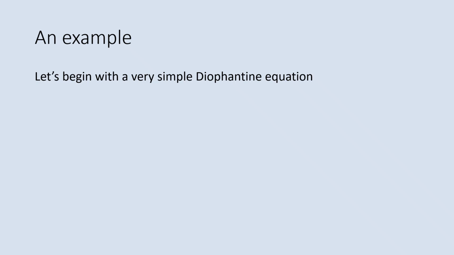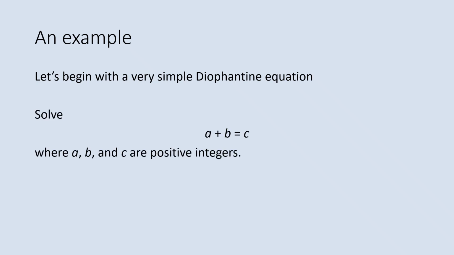All right, so as an example of a Diophantine equation, let's begin with a very simple Diophantine equation. Let's just solve the equation a plus b equals c, where a, b, and c are all positive integers. We look at that, and we see that there are lots of solutions to a plus b equals c.